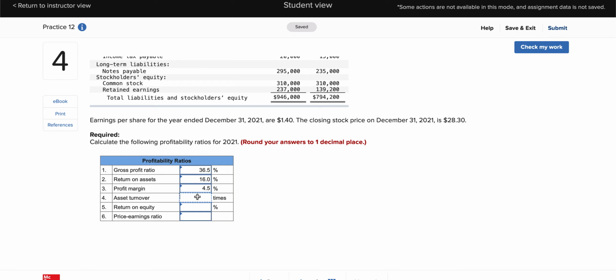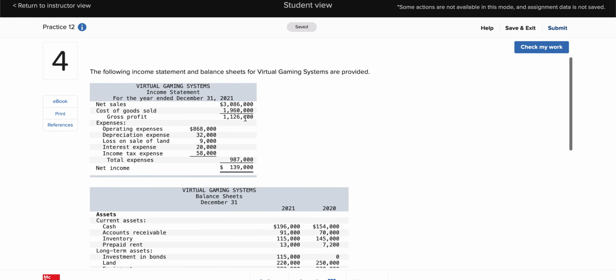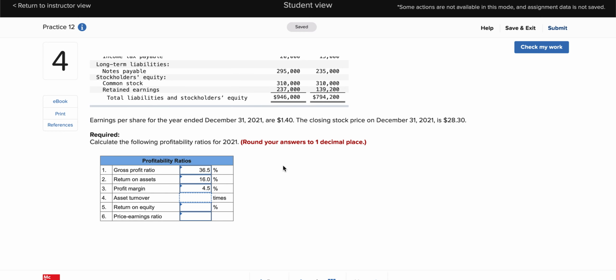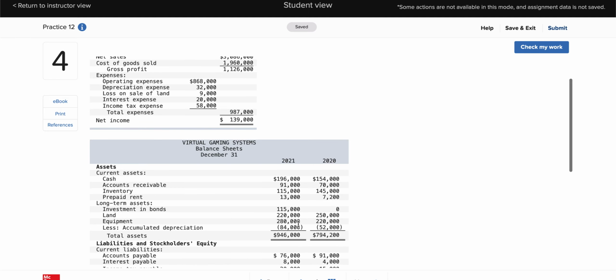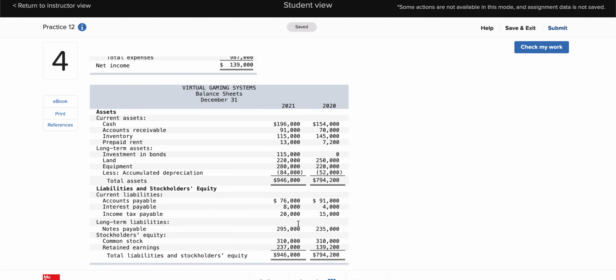The asset turnover ratio, seems like we just did this in the previous chapter maybe, but the asset turnover ratio, we're going to look at our net sales and divide it by the average total assets. And that's going to be the 946,000 plus 794,200. Add those together, divide them by 2.